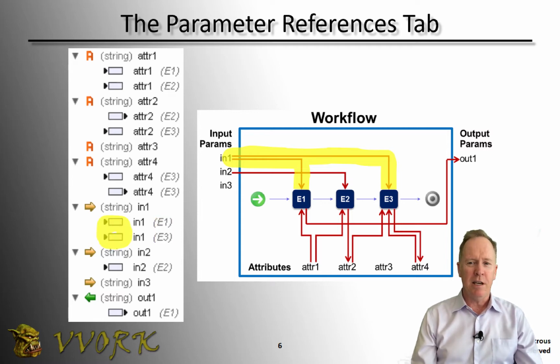In addition, over here, you have an icon that will have a triangle on the left side of the icon or on the right side of the icon. If the triangle is on the left side of the icon, that means that we have an inward binding. If the triangle is on the right side of the icon, that means we have an outward binding. The icon itself can be a rectangle, as you see in this example here. You'll see a rectangle icon if the schema element is a scriptable task.